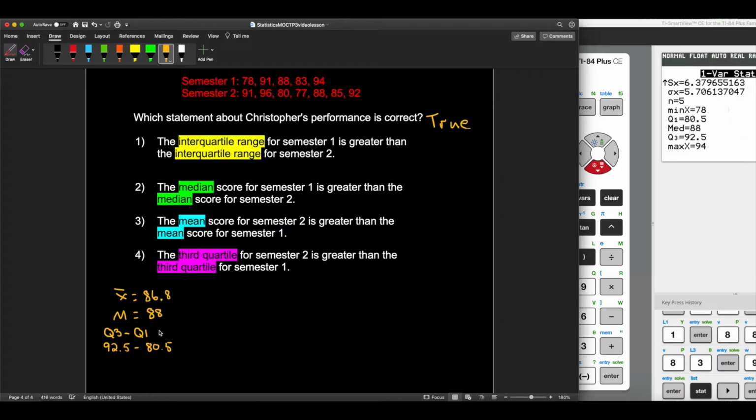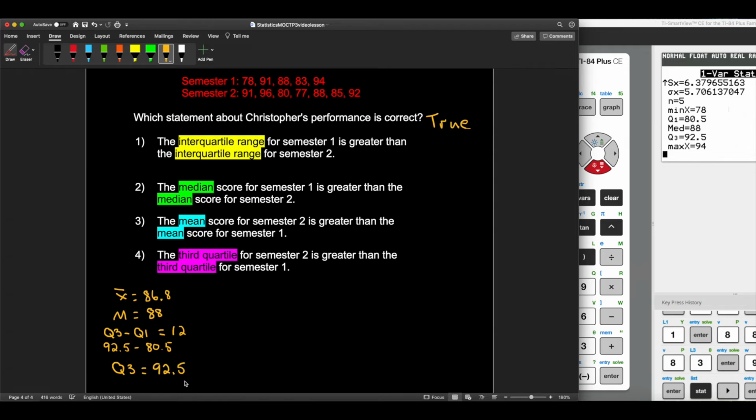And what do we get when we subtract that, folks? 12, of course. And now it just wanted the third quartile. Guys, third quartile is, in fact, Q3. That's your third quartile. And when we do box plots, we're going to be talking about that very soon, by the way, which is going to be our next lesson. So Q3, third quartile is 92.5.